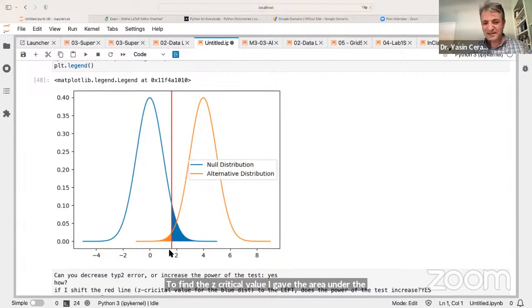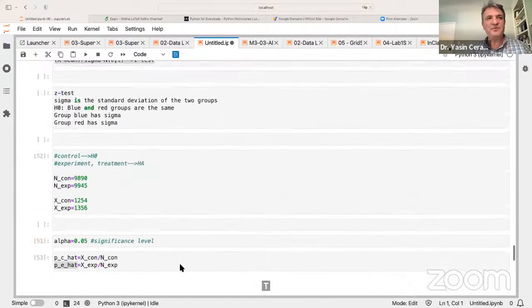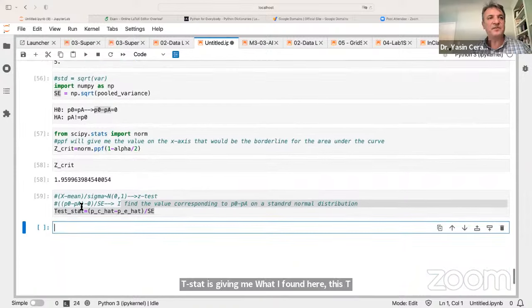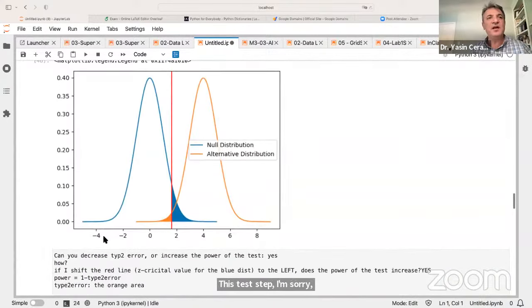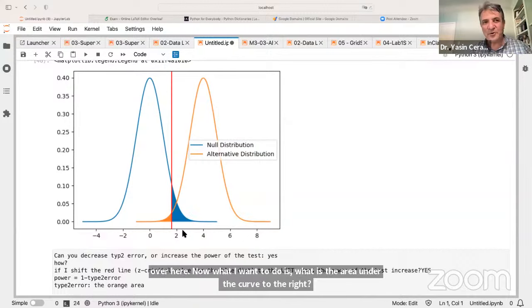This test stat is giving me a value on this line, let's say a value here or here. Now I want to find the area under the curve to the right. Then I know this point, the test stat.